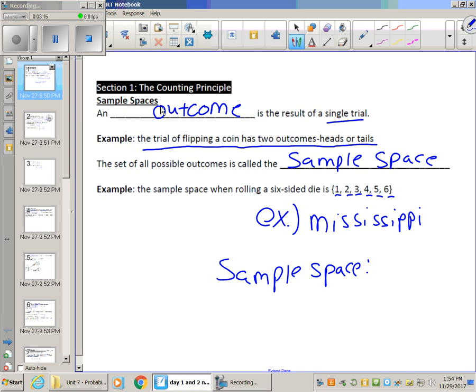Our sample space is the letter M, the letter I, the letter S, and the letter P. So only those 4, not all of the repeating letters. That's about as crazy as it gets when identifying your sample space.